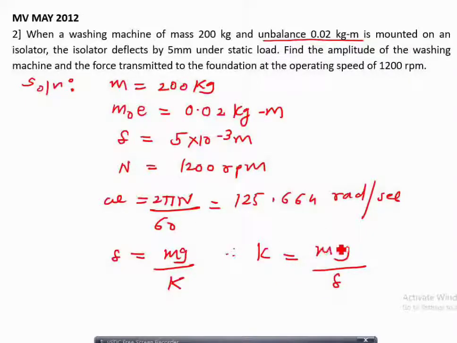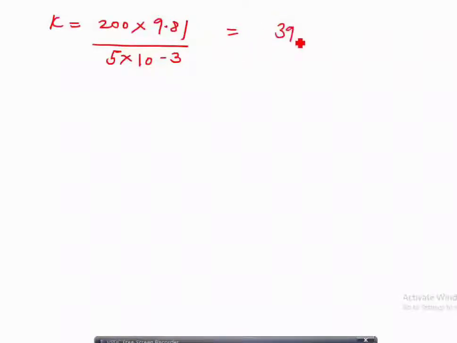Now we know m, we know g, we know δ, so we can easily find out k, that is the stiffness of this particular isolator. So k is equal to 200 into 9.81 divided by π into 10 raised to minus 3. Therefore I am getting k is equal to 39.24 into 10 raised to 4 Newton per meter.